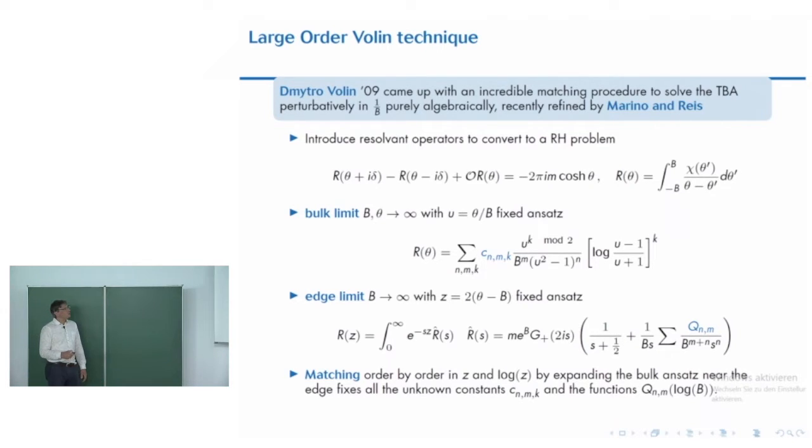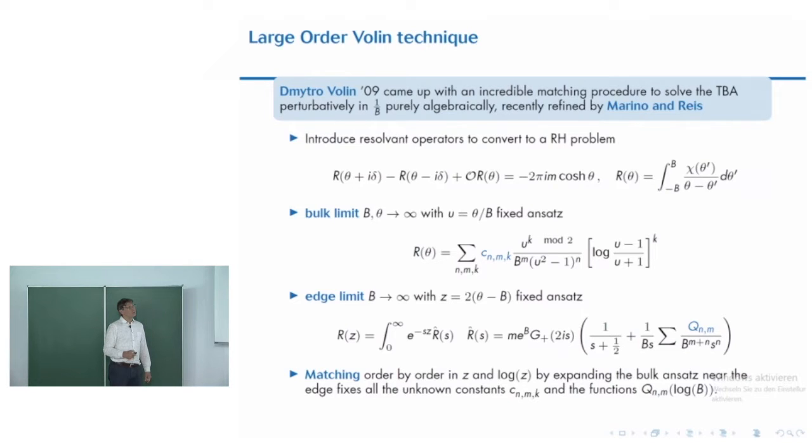But he explored the equations in 2 limits. One limit is called the bulk limit. So we're always going to work at large B, but he's also going to look at large momentum, keeping the ratio of B and momentum fixed. So that's one limit. And you can just write down an ansatz based on symmetries of what this resolvent should look like.